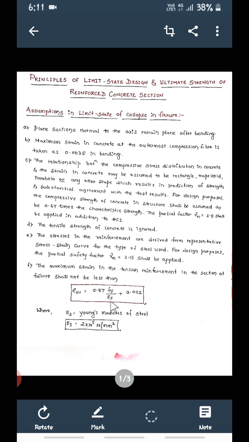Capital Es indicates Young's modulus of steel, and it is taken as 2 into 10 raised to 5 Newton per mm square. This is fixed. And Fy is the characteristic strength of steel or yield strength of steel. From this we can calculate the maximum strain to be considered.